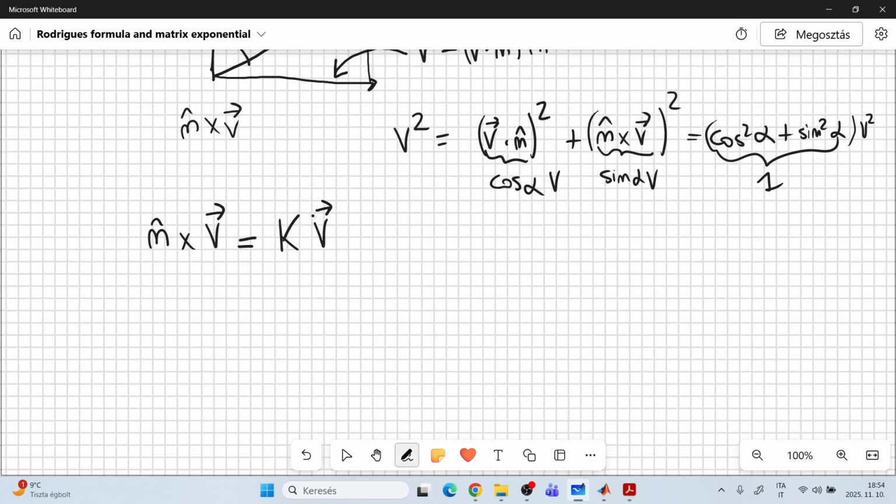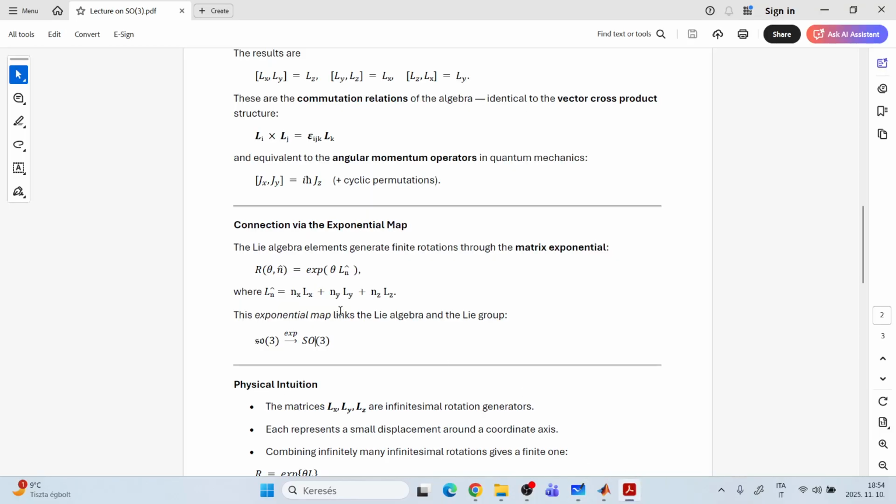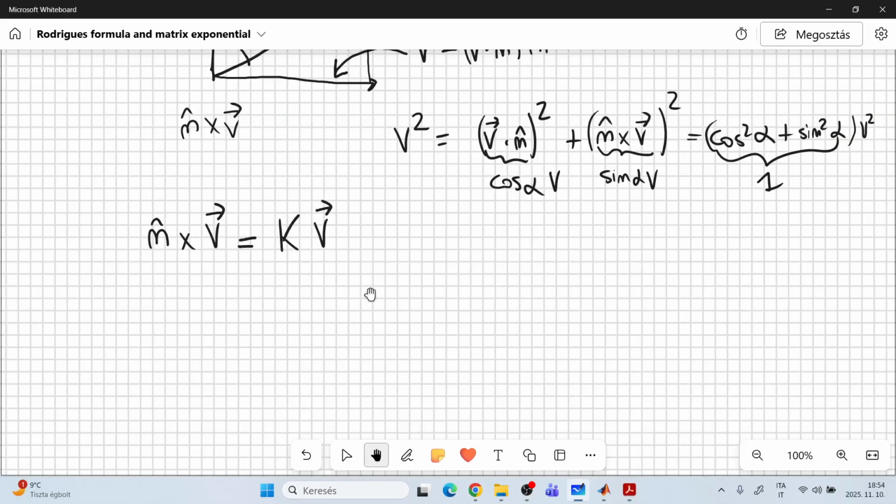And considering the notation that we used in the previous video, in particular Ln equal to nx Lx plus ny Ly plus nz Lz, this K is actually the vector L dot product n, which I also denoted as Ln. So in this video, I'm going to use the notation K.